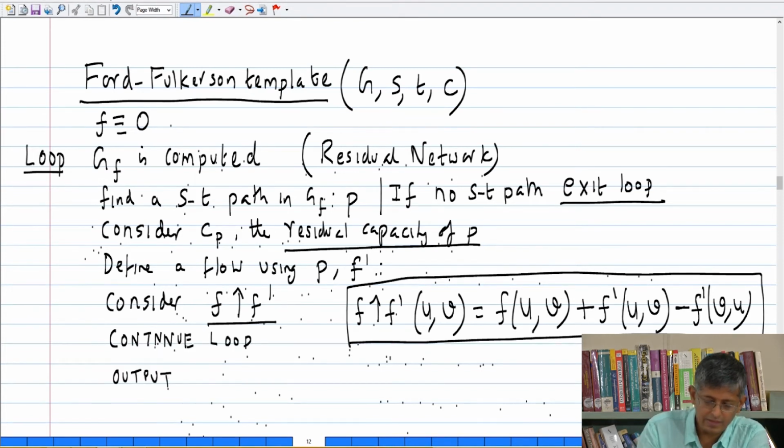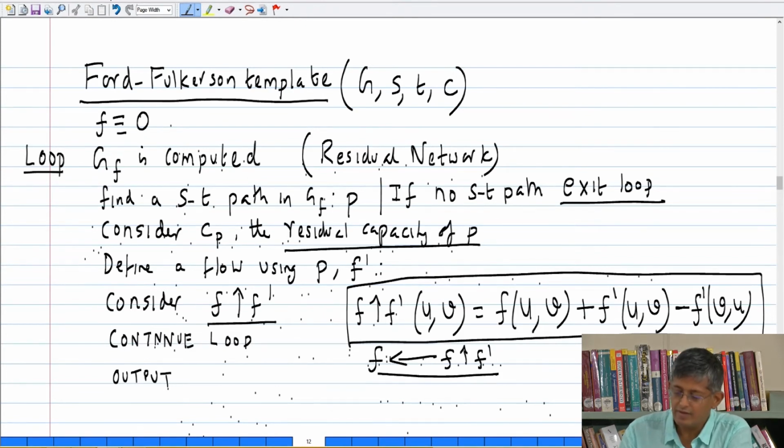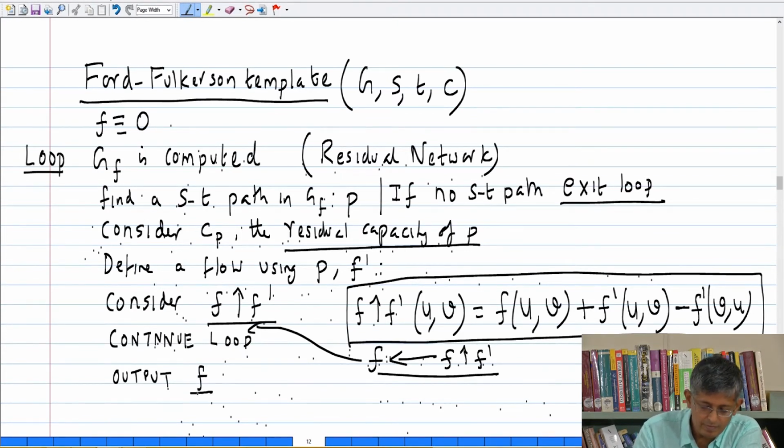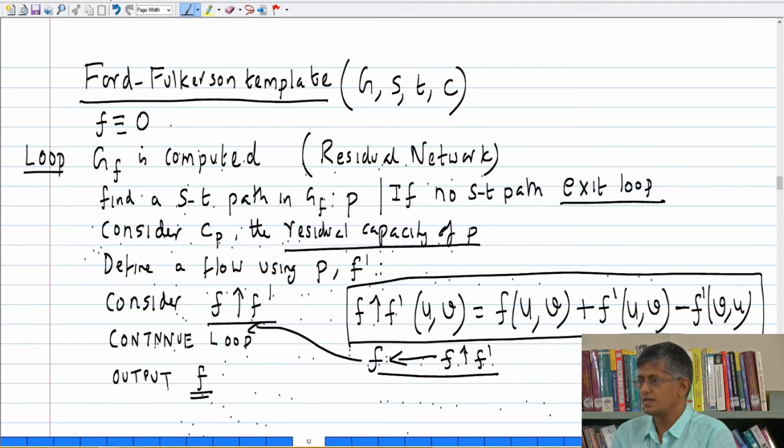Okay, just one intermediate step: assign to f, f augmented with f prime before you continue the loop. Output. So this is the Ford Fulkerson template.